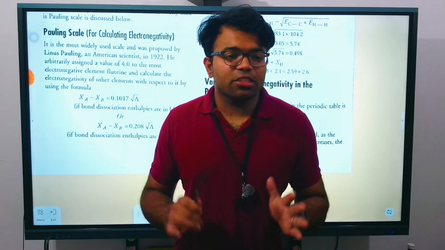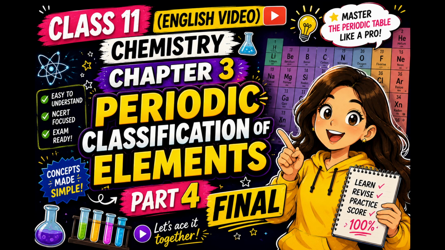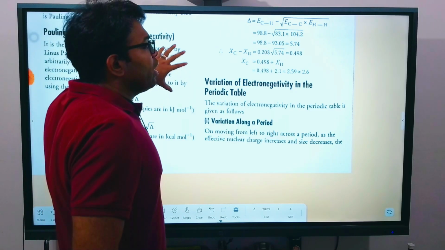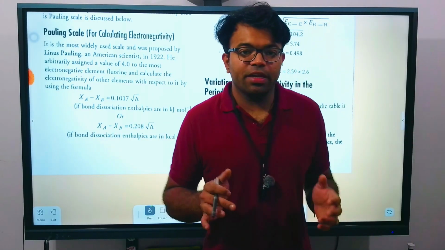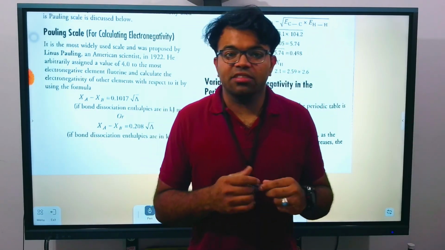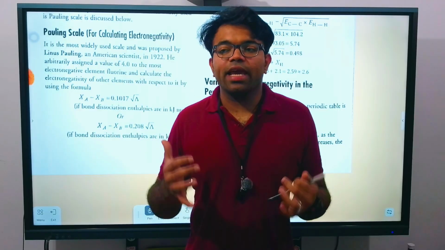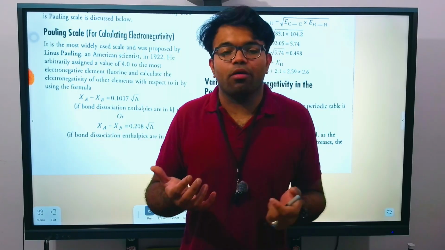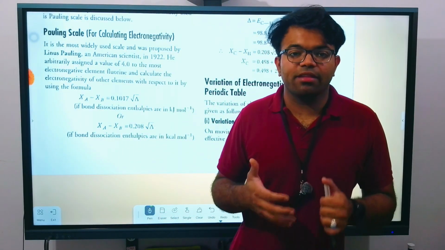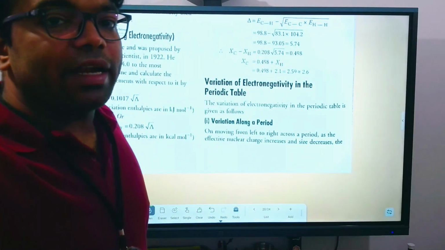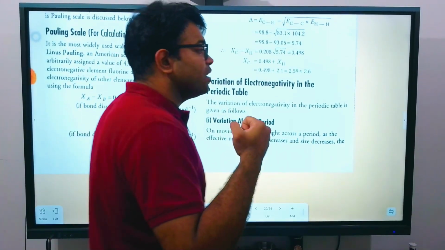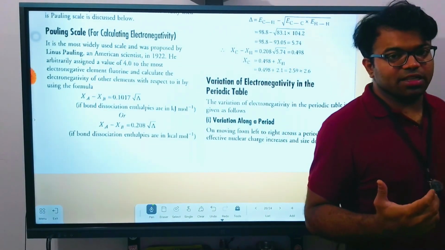Today we are going to do the last video of classification of elements in the periodic table, the English video. In the previous video, the last topic that we discussed was electronegativity. That is, how can an element in a compound, especially a covalently bonded molecule, attract the shared pair of electrons towards itself.